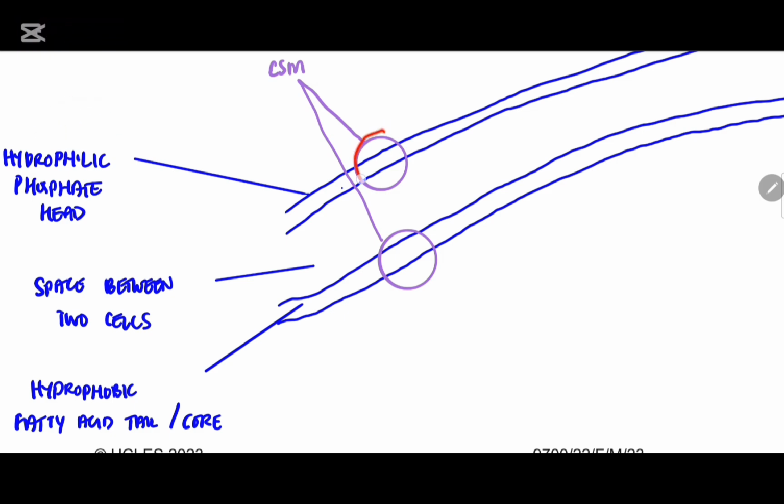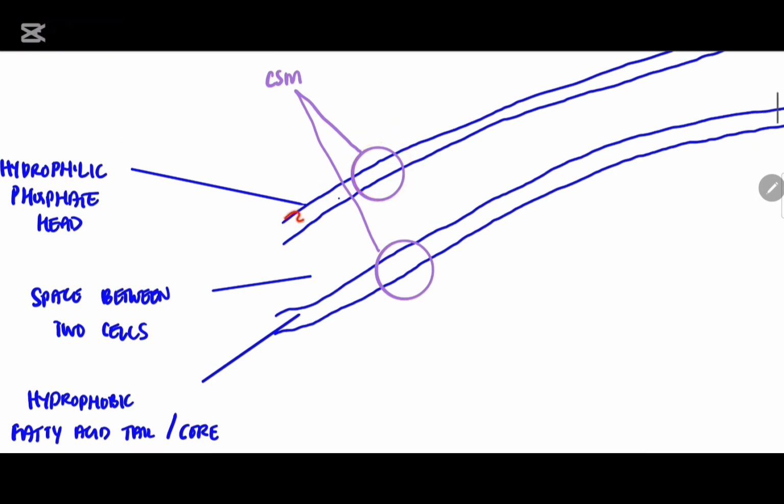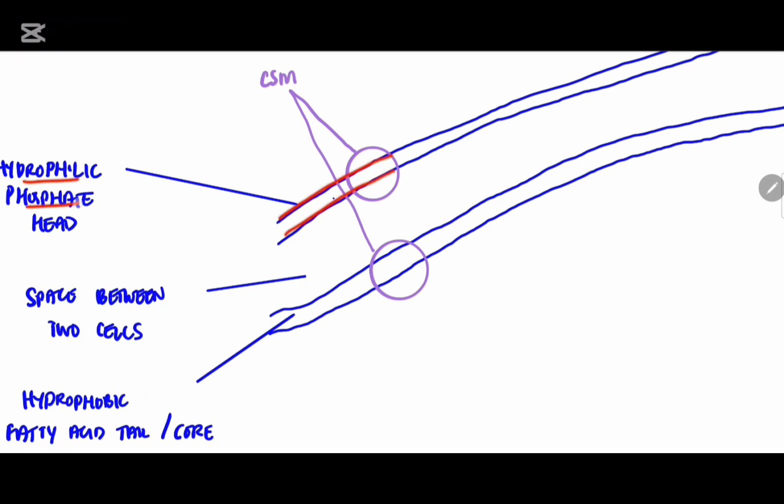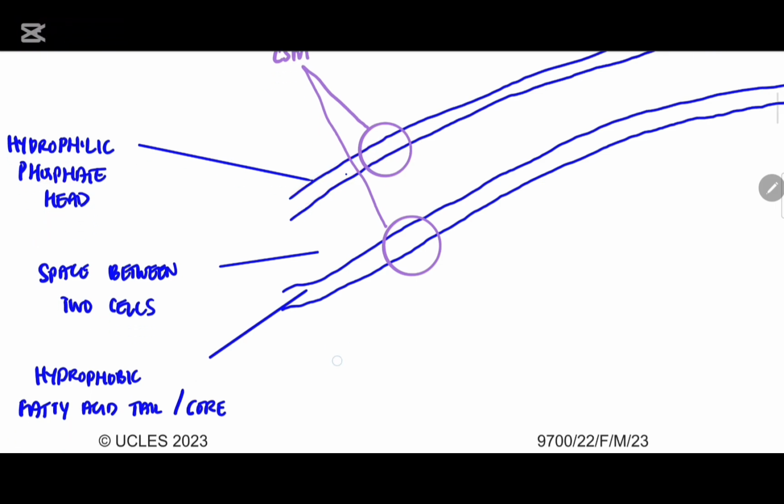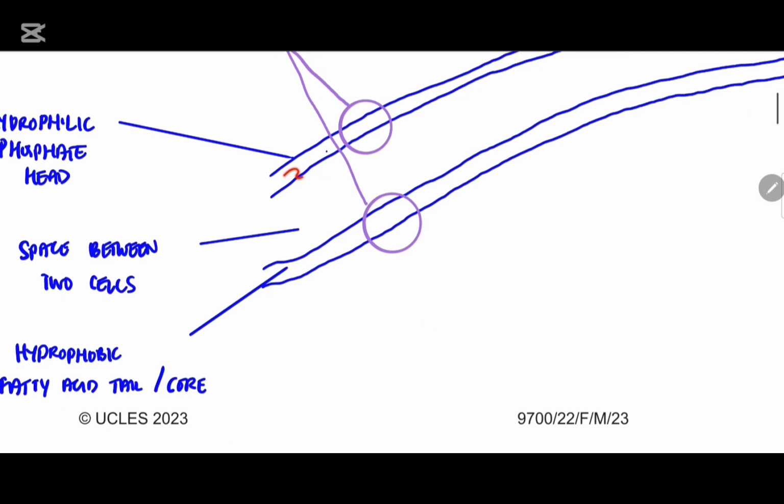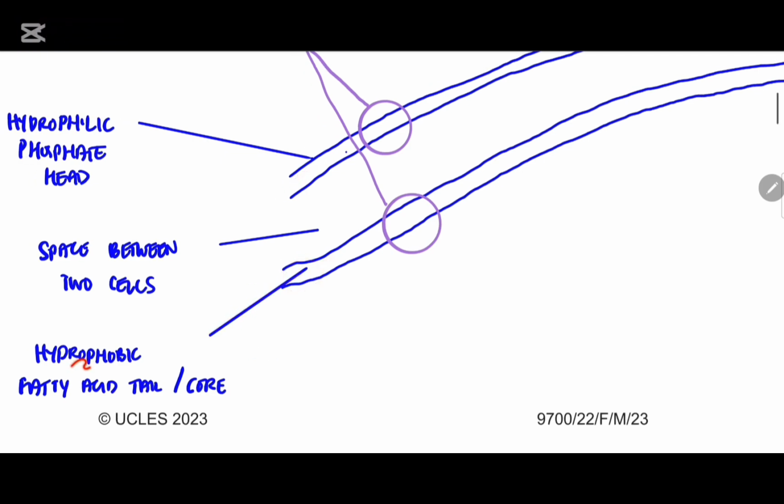So the dark lines here represent the hydrophilic phosphate head. And the one here at the center, which I have labeled with a ruled line, is where our hydrophobic fatty acid tail, or core, is. Hydrophobic core. So please remember that.